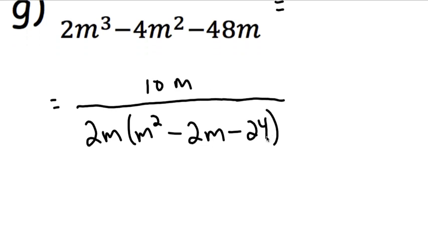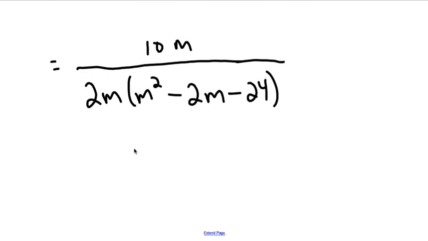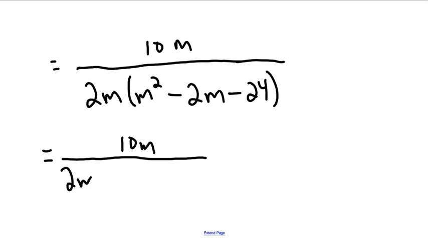Now, this denominator actually does simplify further. Okay, so we're going to do that here, even though it factors further, but it doesn't simplify further. So this will be like our lead-in to what we're going to do next week in the next set of notes. So 2m. Now, let's write this as our two factors.